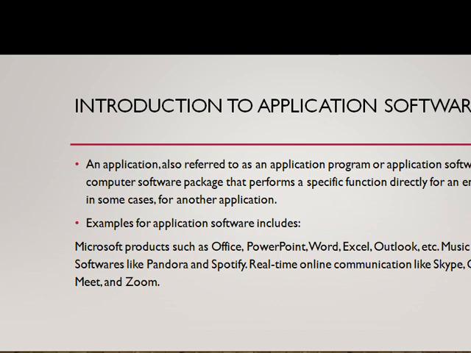There are some examples for application softwares, which include Microsoft products, music apps, real-time online communication. Most of the online communication systems are application software like Microsoft Office, PowerPoint, Excel, Microsoft Word, Microsoft Outlook and many more.